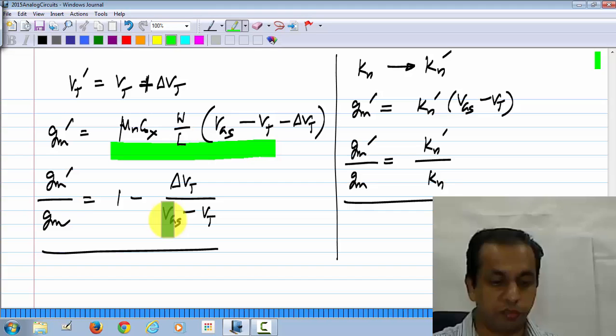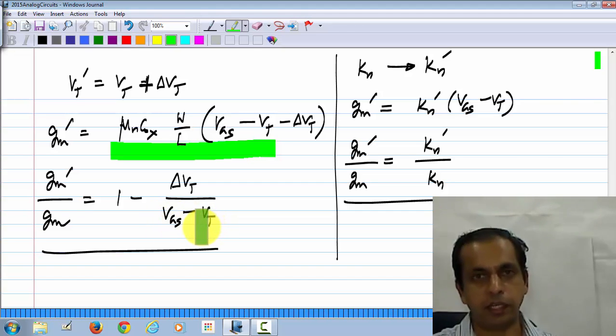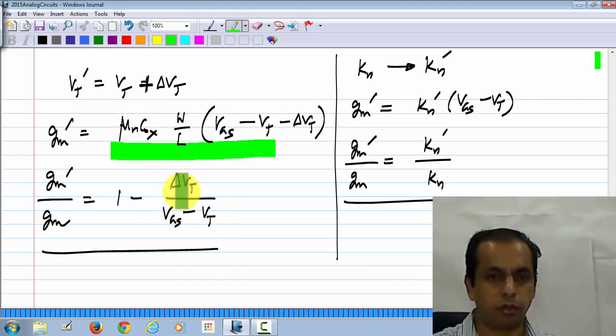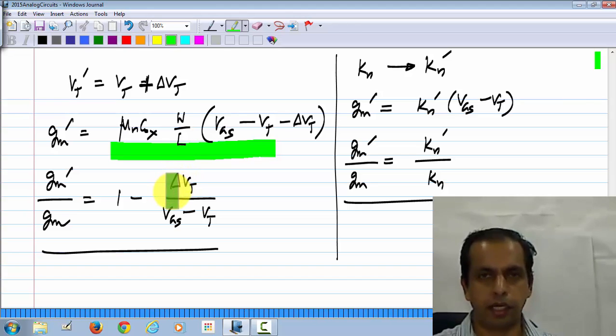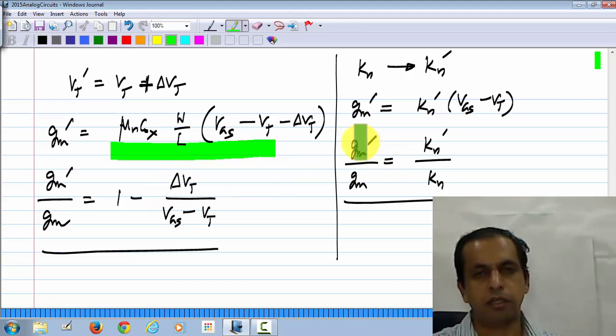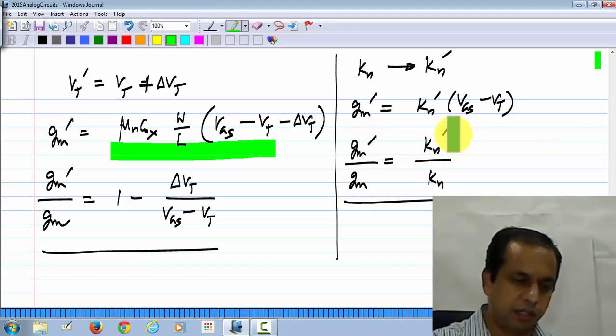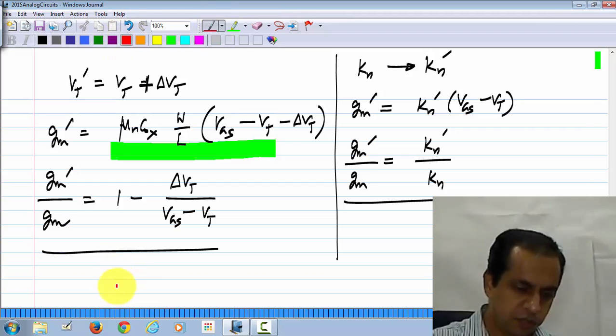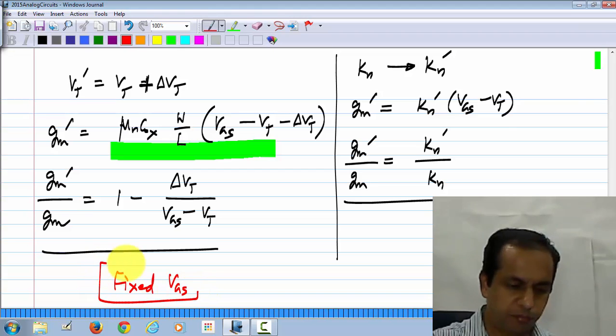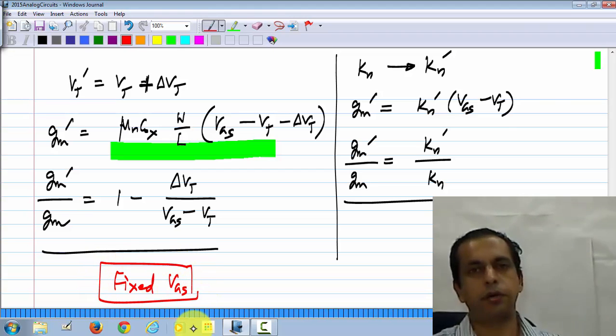And you can see that if you operate with a small VGS minus VT, this effect will be even more for a given delta VT. And here the ratio of change GM to the original GM is simply the ratio of current factors. This is the scenario for a fixed VGS.